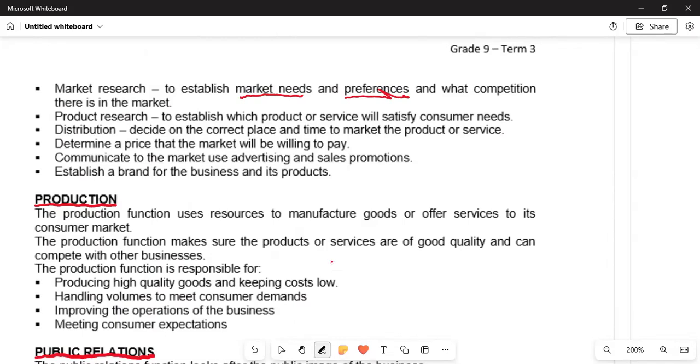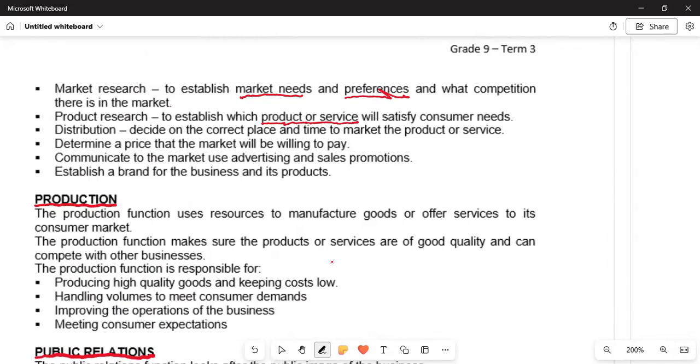Now I'm moving on to product research. A product research, that is to establish which product or service will satisfy consumer needs. You now know what are the needs of the consumers and their preferences. So that will be easy for you to establish the product or the service that is going to be able to satisfy the customer's needs.